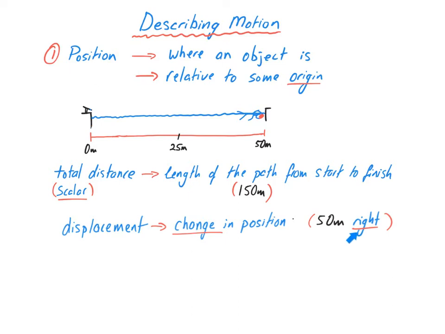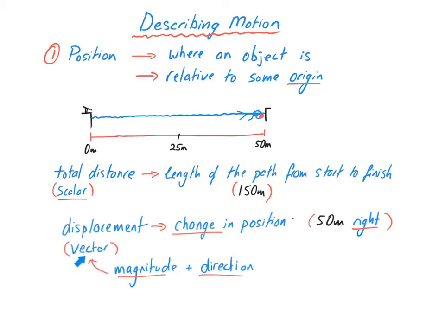We needed a direction to describe this change in position because if another swimmer started at the opposite end of the pool and then finished over here at our origin, we'd say their displacement, the change in position, was once again 50 metres, but in the opposite direction to the left.